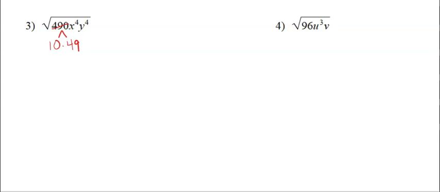So that 490 is gone. 10 is 2 times 5. And 49 is 7 times 7. We don't really have any choices. So no matter what factors you pick, we should all end up with a 2, a 5, a 7, and a 7. We've got 4 x's and 4 y's.